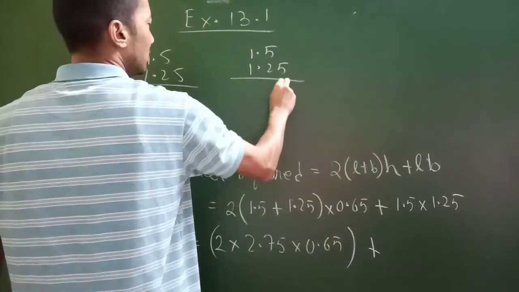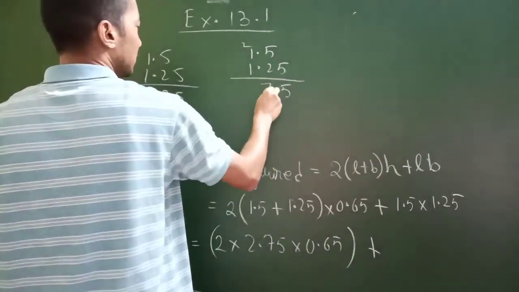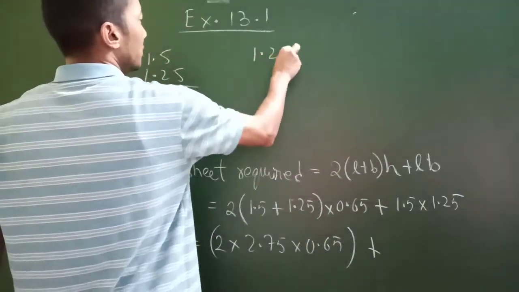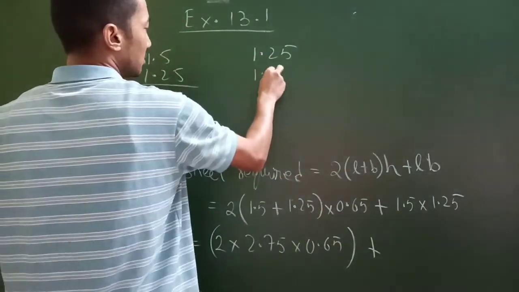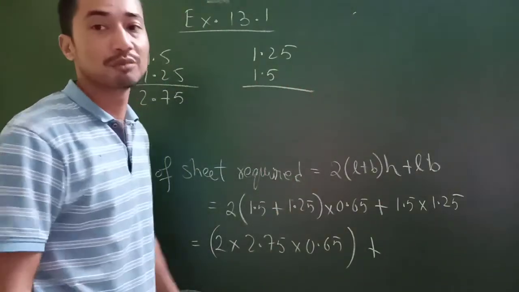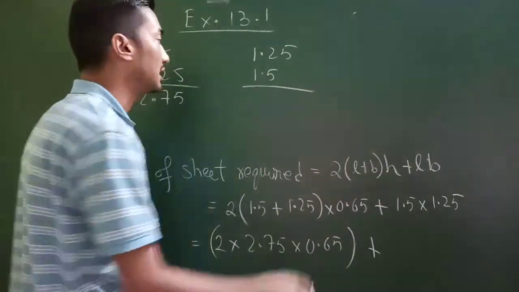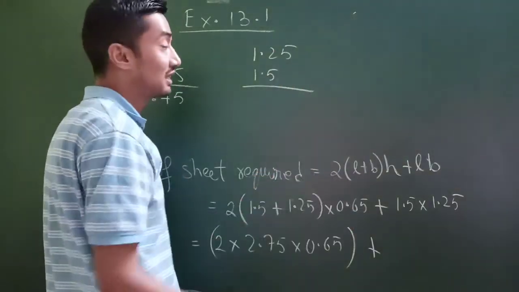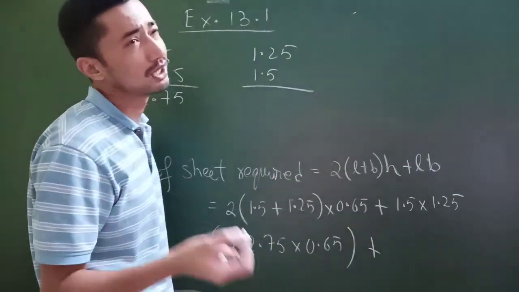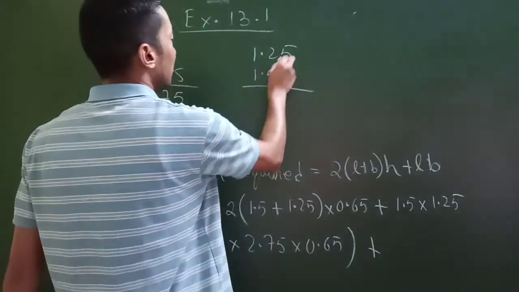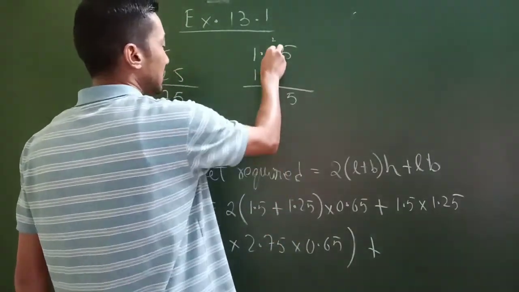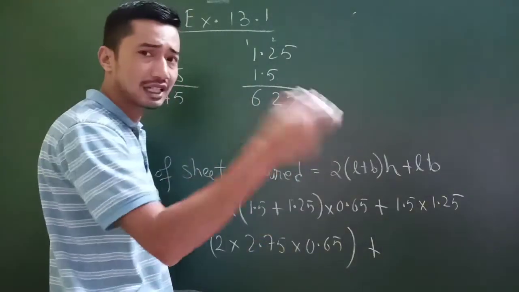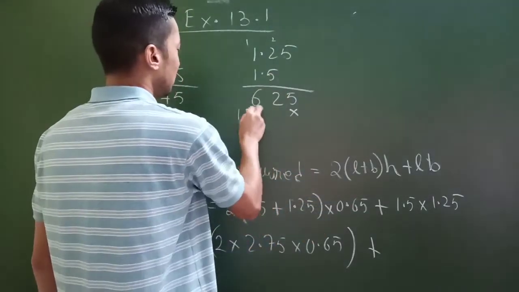So 5 5s are 25, 2 left, 5 1s are 5, 6, 7. 5 5s are 25, 2 left, 5 is 10, 11, 12, 1 left, 5 1 5, 6. Drop the decimals and put the last one, 1 2 5.